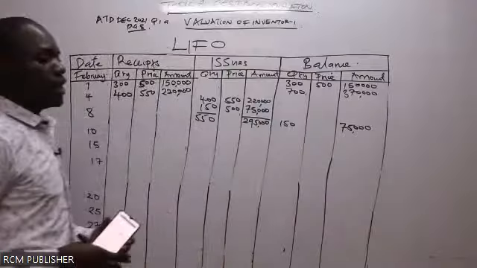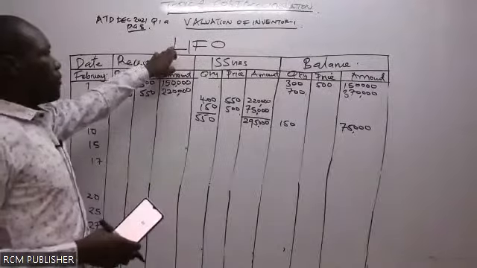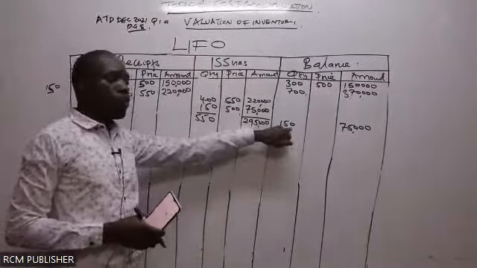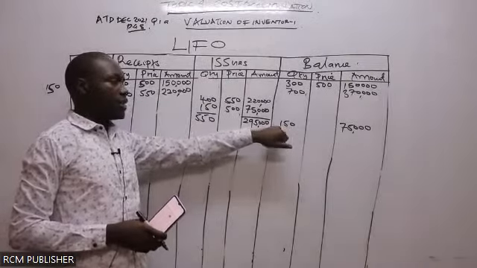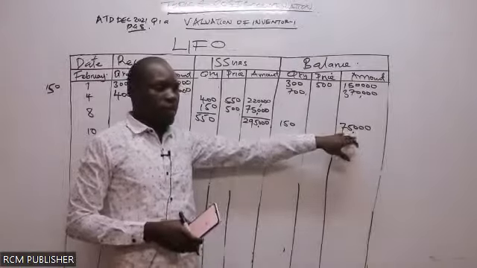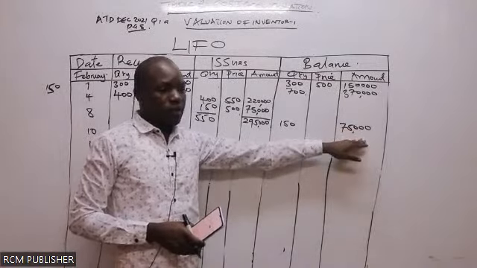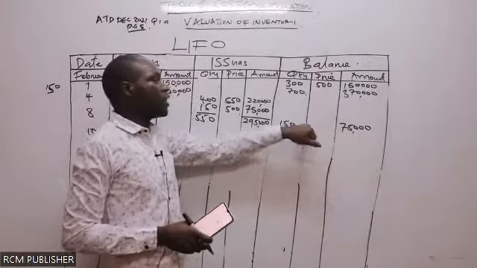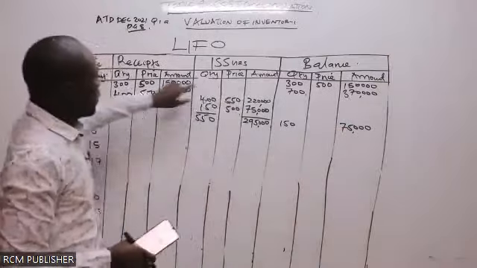Let's now see. If you check quantity, it will be the same. If you check your FIFO, at this point quantity was 150, the same as this. But now look at the value. They are not the same. The other one was, I think, 82,500. Here we are now having 75,000. Can we trace this back and confirm it is 75,000?